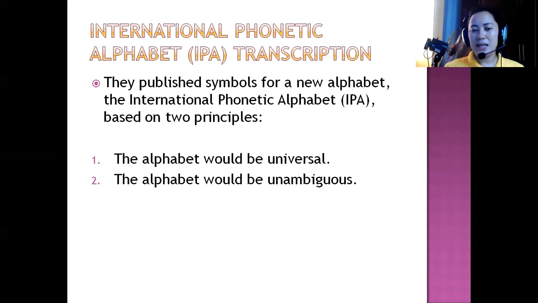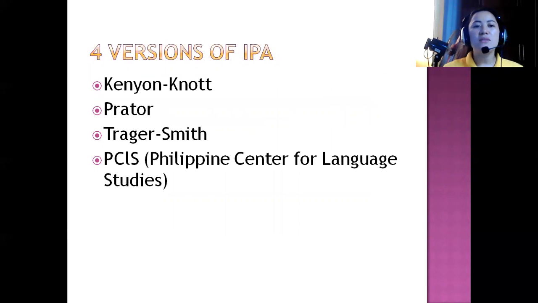The second is the alphabet would be unambiguous. It means that each sound of a language must have a certain symbol or a certain representation to avoid ambiguity. Okay? So there are four versions of IPA.